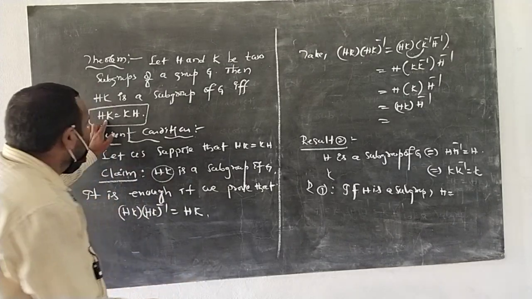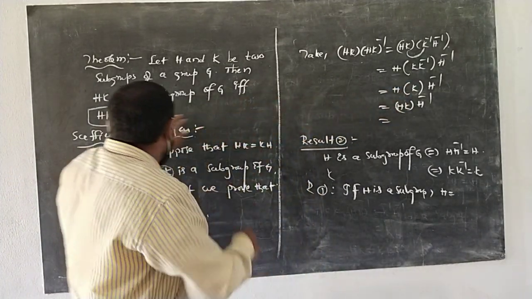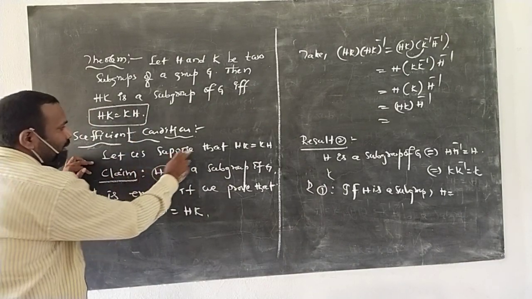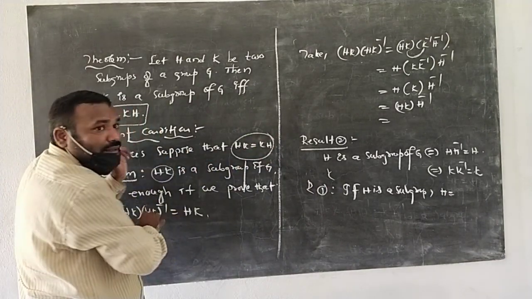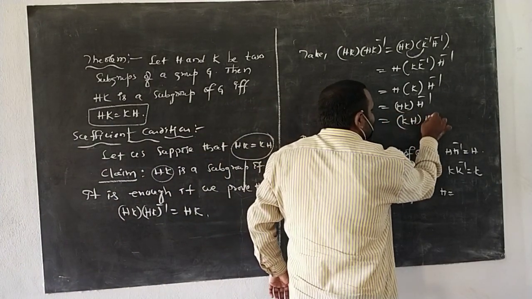Here we use the supposition for this one. Our supposition is that HK equal to KH. So in place of HK we can write KH.